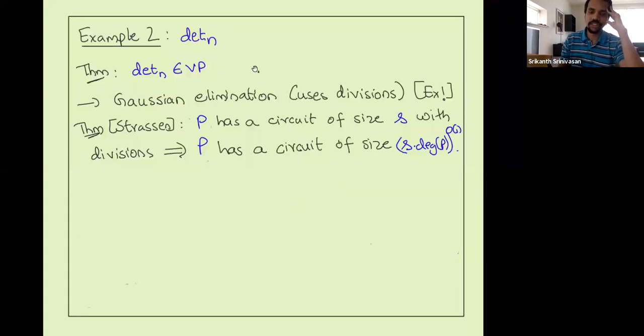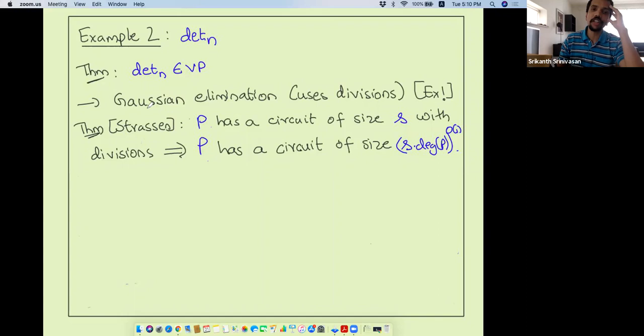This is a very nice theorem of Strassen. So you start off with a circuit which has divisions, but you can convert it to a circuit that just uses additions and multiplications using this theorem. And using that you can actually show the determinant is in VP. All right, so good.